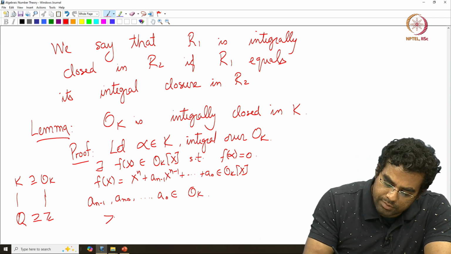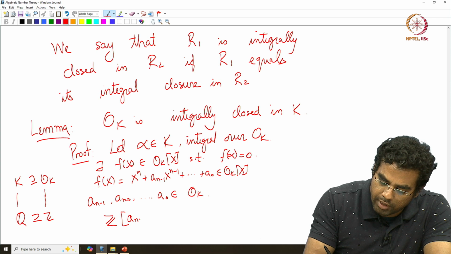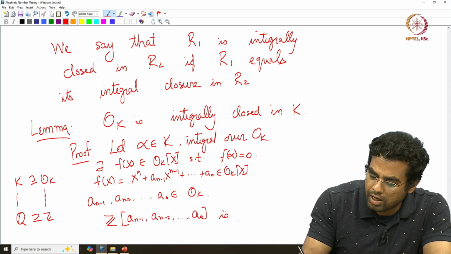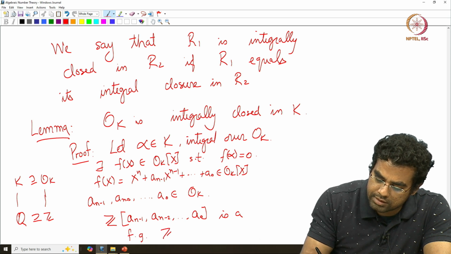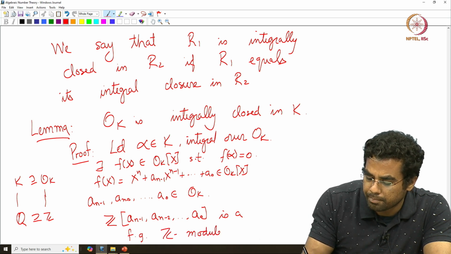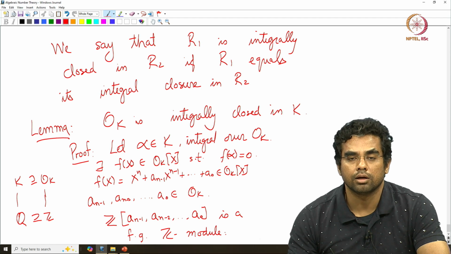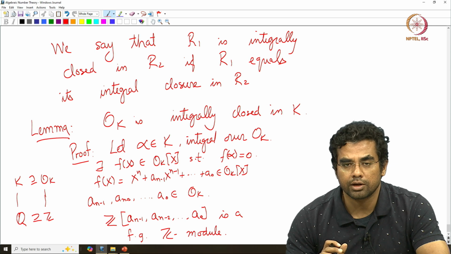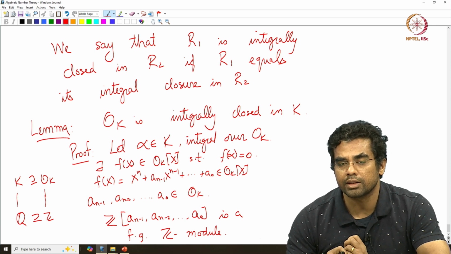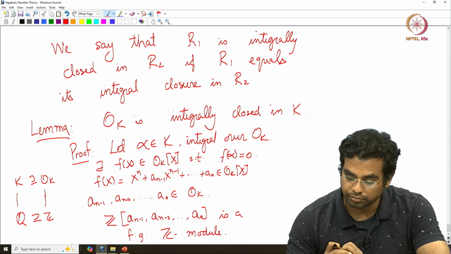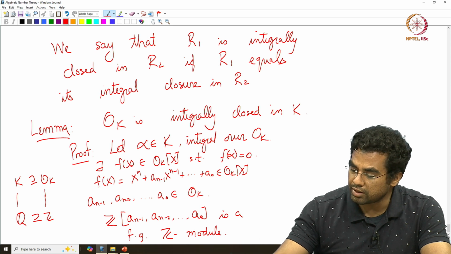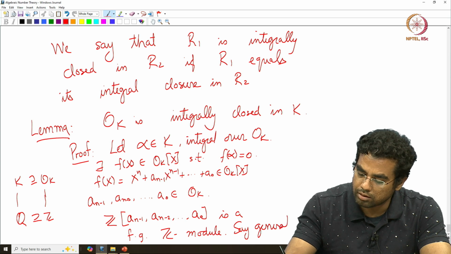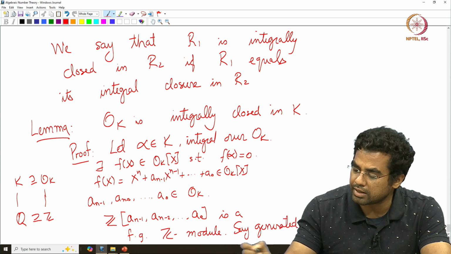So, in particular this means that Z[a_{n-1}, a_{n-2}, up to a_0] is a finitely generated Z-module, right, because all the a_i's are algebraic integers. So, by the property that we proved about algebraic integers, this is a finitely generated Z-module, right. So, let us say this is generated by a finite set S.